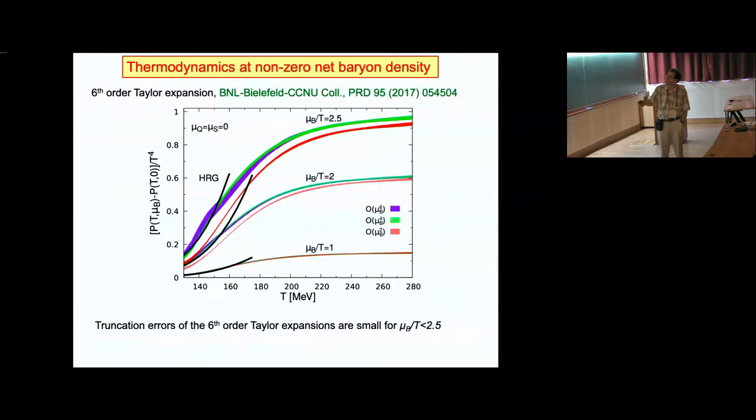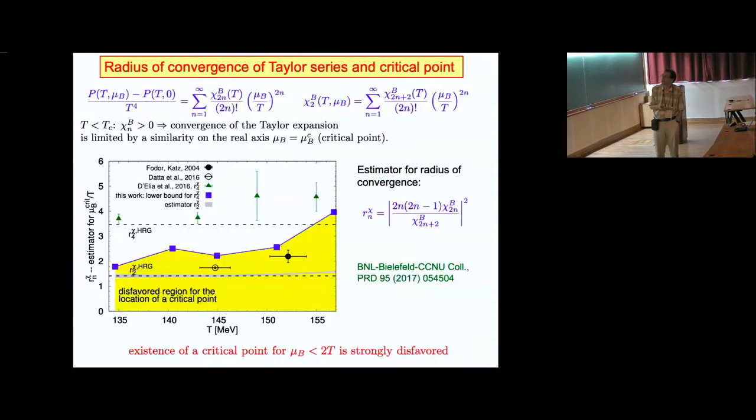So up to this chemical potential, essentially the sixth order Taylor expansion seems to converge, at least apparently. Now, if you have that, you could also try to estimate the convergence radius of your Taylor expansion.